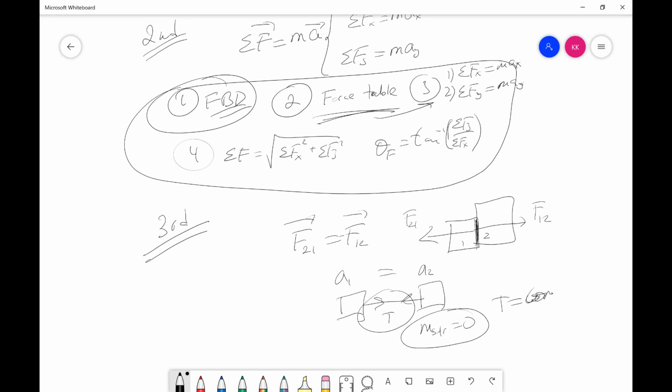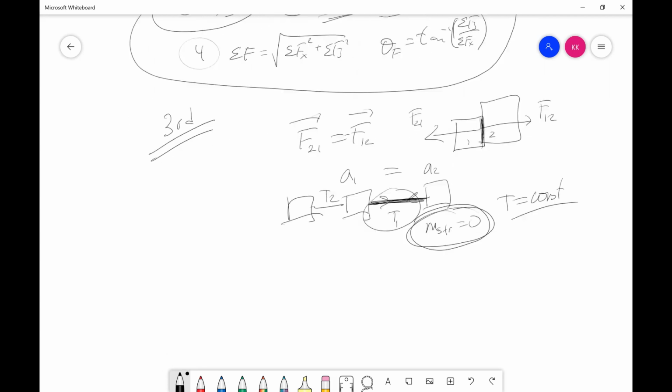Constant means that if it's the same rope, tension is the same everywhere. If you have another rope and another mass, then this is T1, this is T2, because they're two different ropes and they're never the same. But tension along the same rope is always going to be the same, because we're using the massless string approximation.